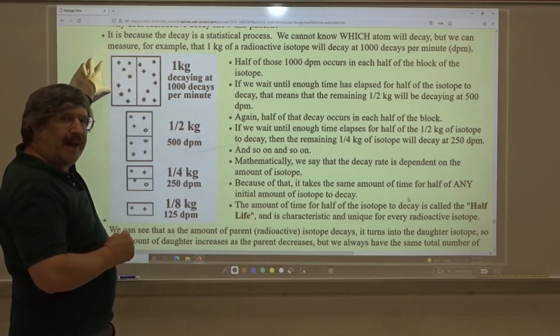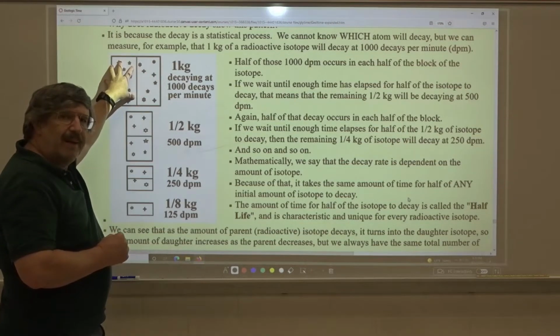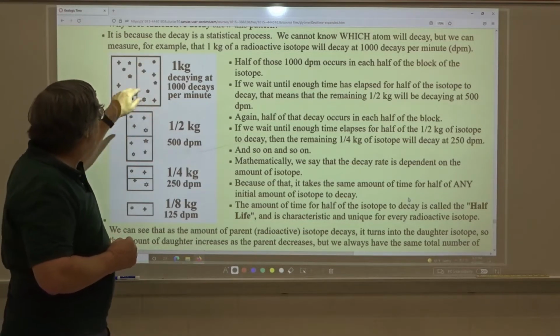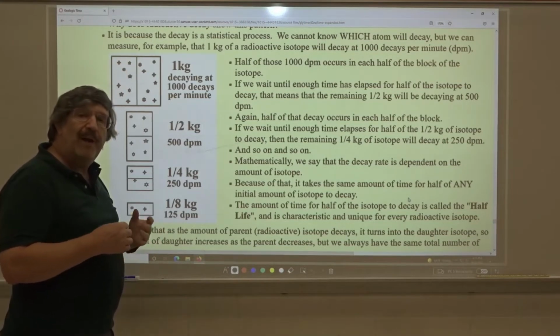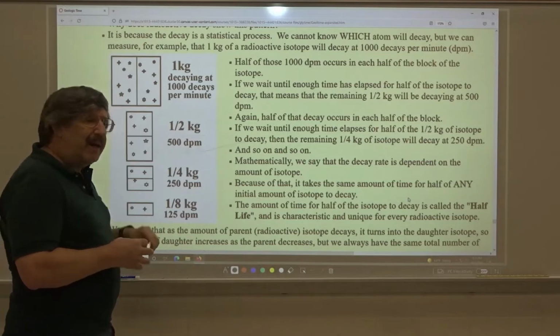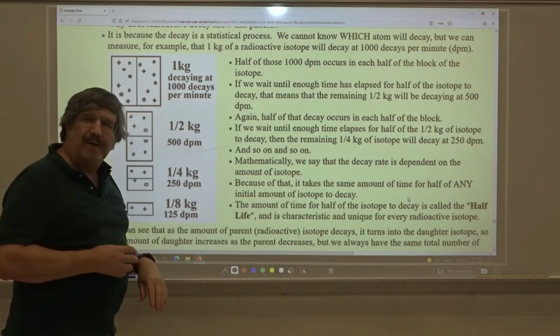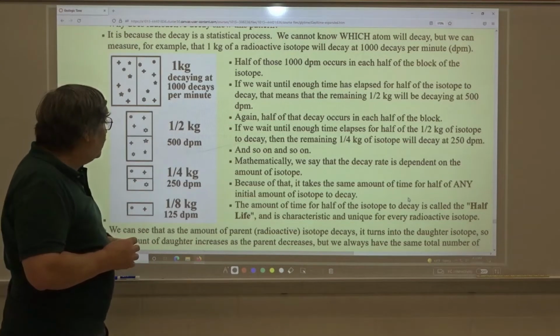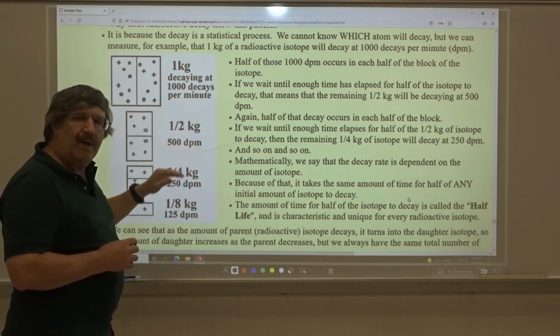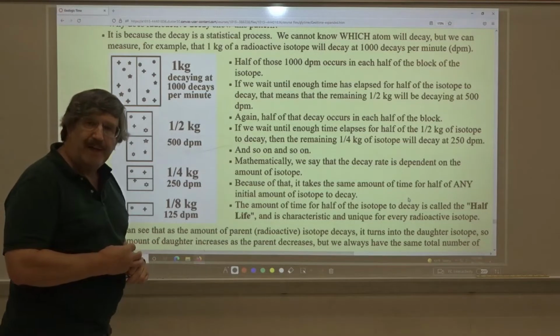But because the decays are random, that means that if we now have half as much material as we started with, we will also have half as many decays because the other decays would be occurring somewhere else. And so 1/2 kilogram of material would be decaying only at 500 decays per minute.